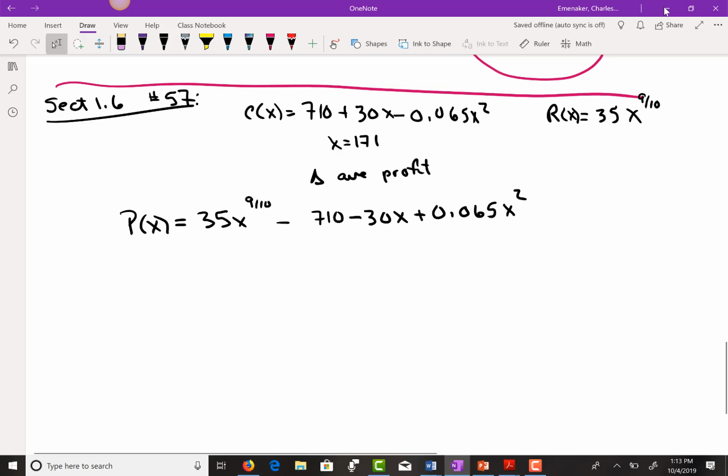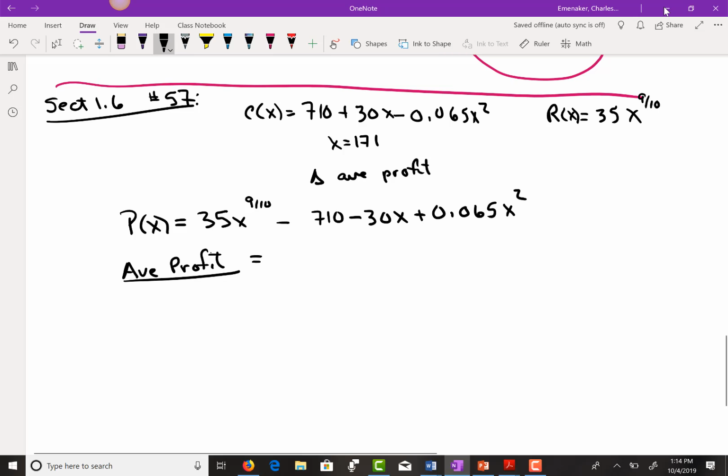But you got to be careful because on this one it doesn't ask for profit, it asks for what? Average profit. The way you compute average profit is the same way that you do any other average. You take whatever you have and divide it by how many of them you have.